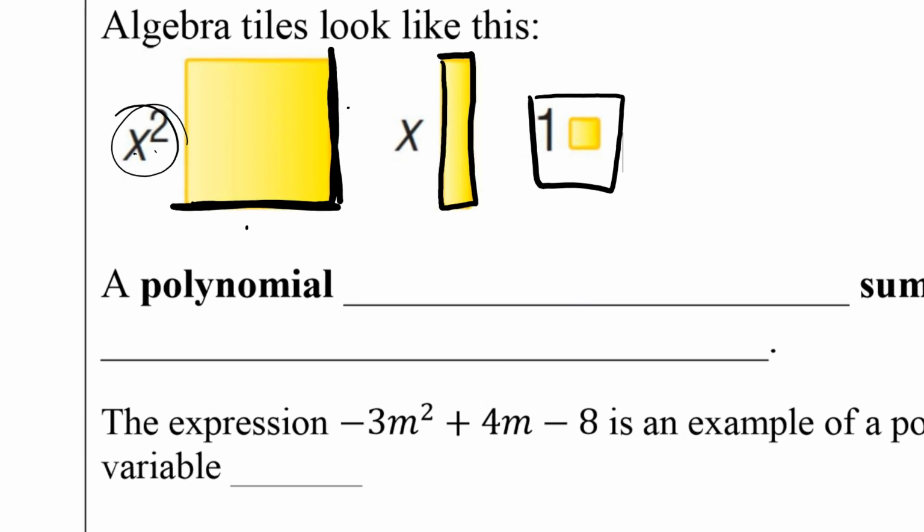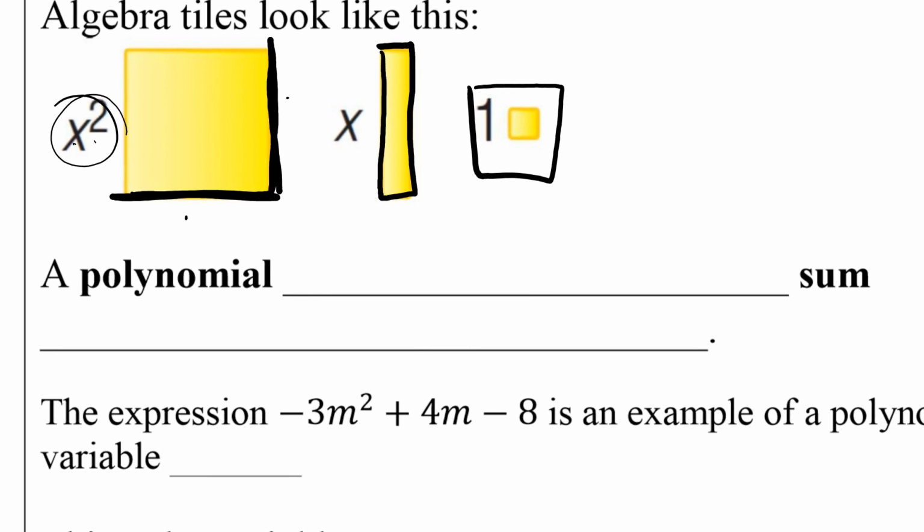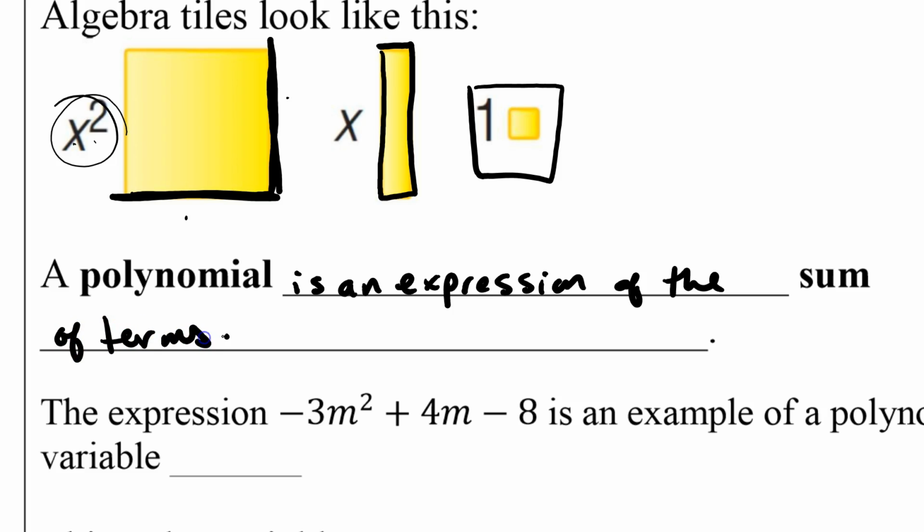So a polynomial is an expression of the sum of terms involving a variable.